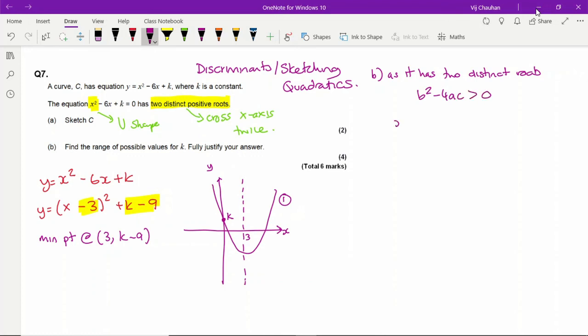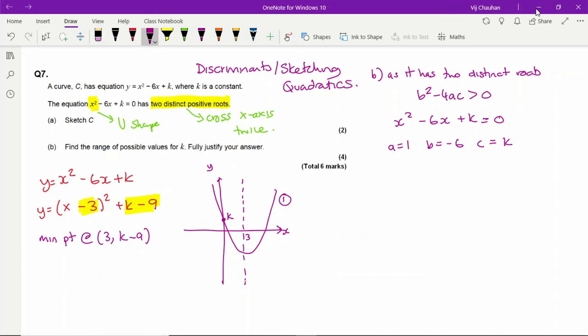So if I take the equation x squared minus 6x plus k, which is equal to 0, I know that a is going to equal 1, b is going to equal minus 6, and c is going to equal k.